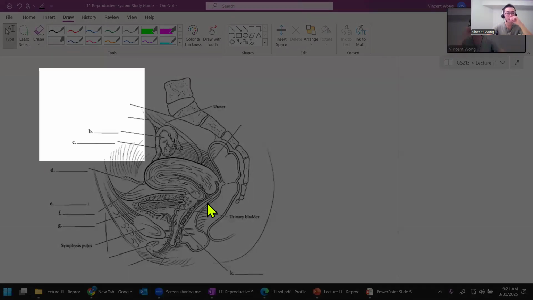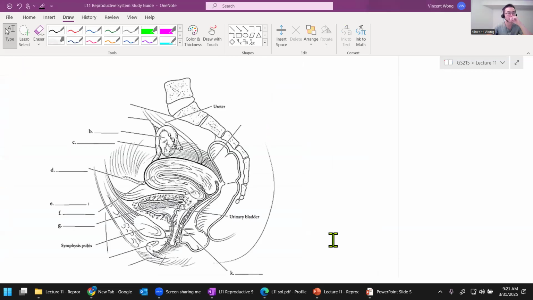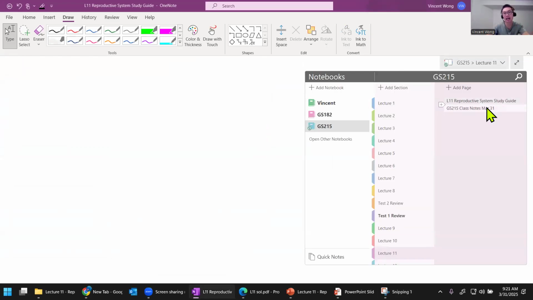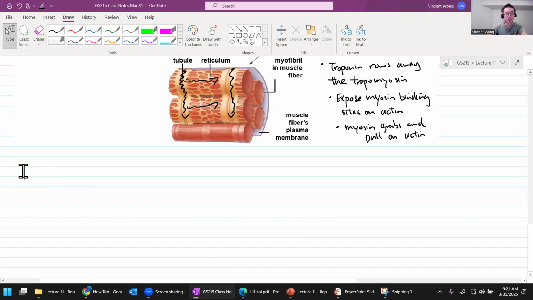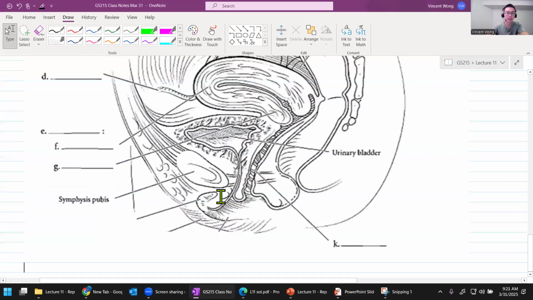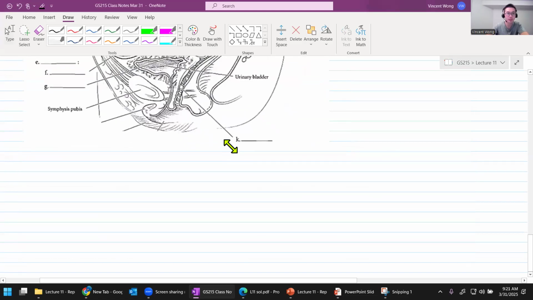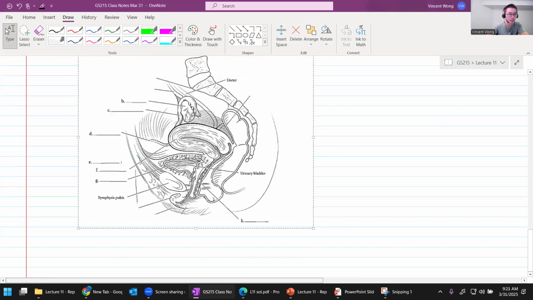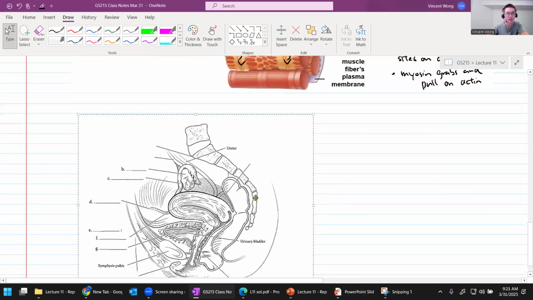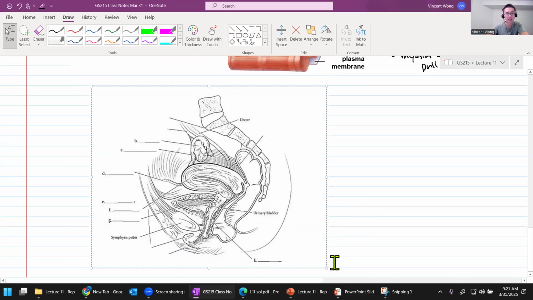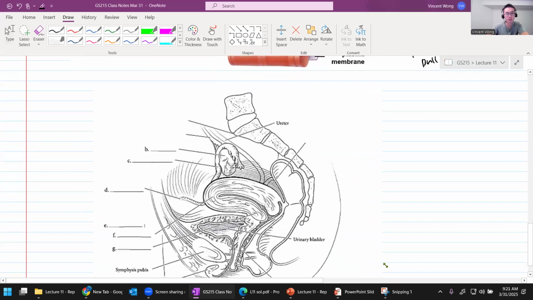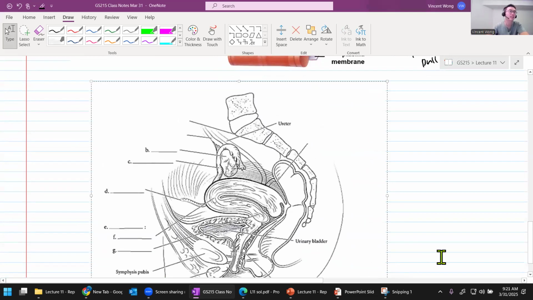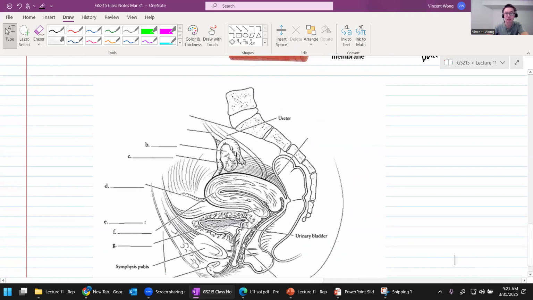What is the best way to study the lecture that we just did? Like I said, I personally find it helpful to draw it out. But with all the new terms and everything, maybe do the fill in the blanks a couple times in the study guide. That will help you at least get the terms in your mind first. And the 3D models, of course, are going to be useful.